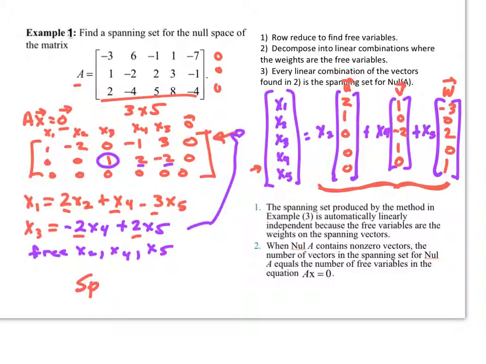So we're going to end up with a span of the set U, and I'm going to use this notation, which are namely this vector, and this vector. So the span of that would be the span of the null space.